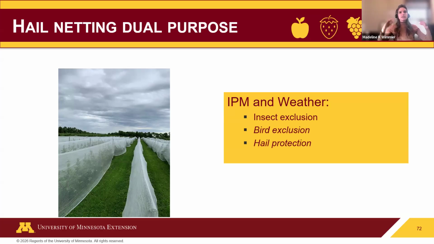But hail netting can also be used just overhead to keep hail off of trees, which can save a crop during certain years, and it will help exclude birds. I did not mention bird netting here, but this is a good time to mention that bird netting is going to be pretty essential for certain berry crops, especially if you are thinking about growing honeyberries, for example, as well as grapes. Hail netting will exclude birds, whereas bird netting will not exclude insects.